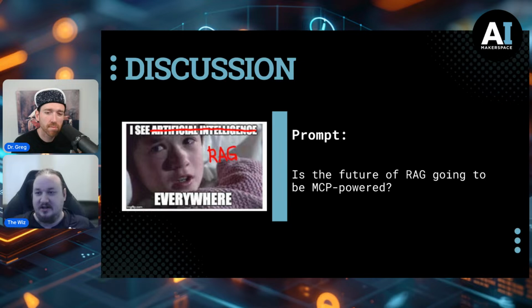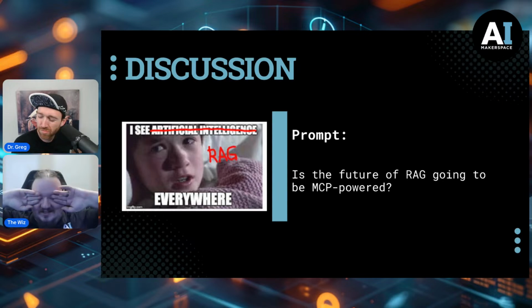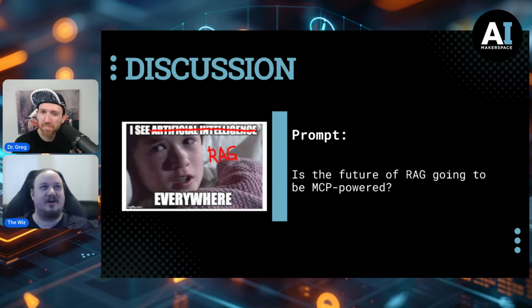So MCP, again, model context protocol, gives us a protocol to get context. That doesn't mean that it replaces RAG or should be thought of ahead of RAG. It's in fact just more complex. So if you're getting started, start with RAG. It's very straightforward.